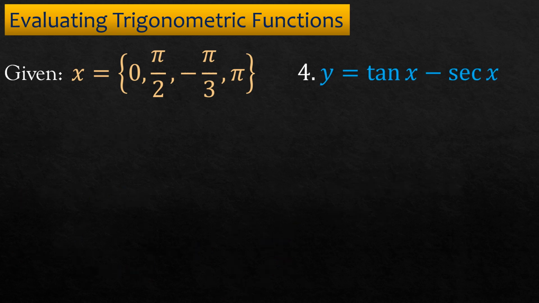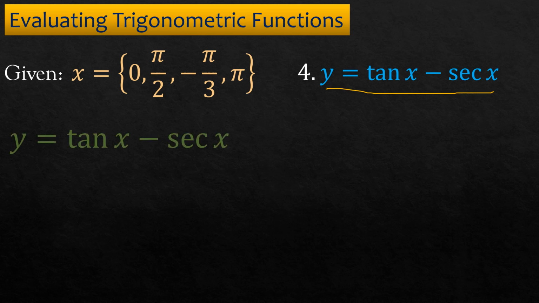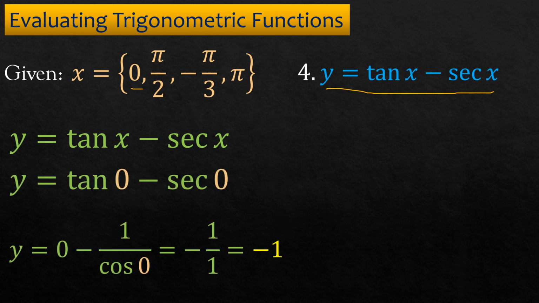So we have the fourth, y is equal to tangent x minus secant x. We start by using 0 as x, substituting. So we have tangent 0 minus secant 0. Tangent 0 is 0 because of the relationship: sine 0 is 0 and cosine 0 is 1.